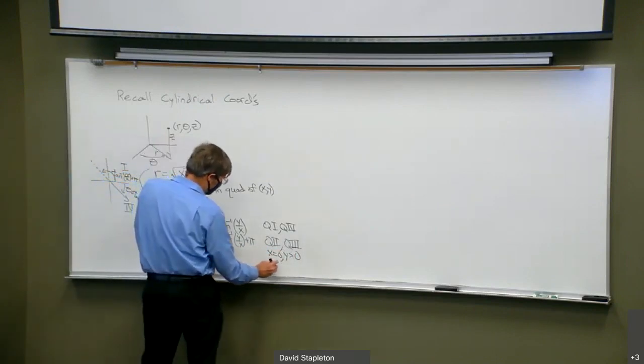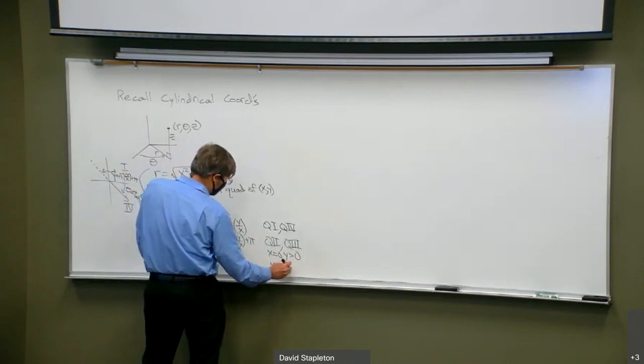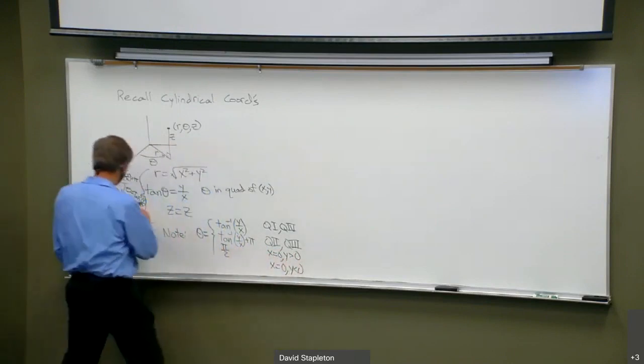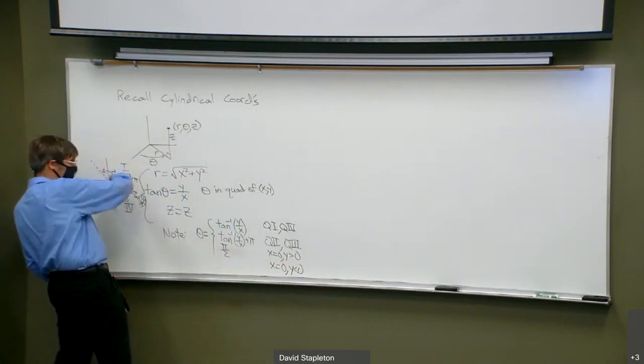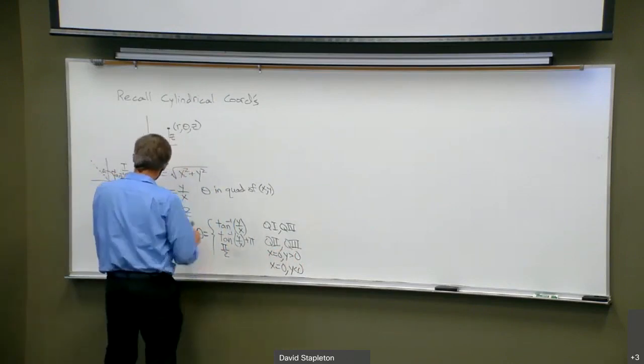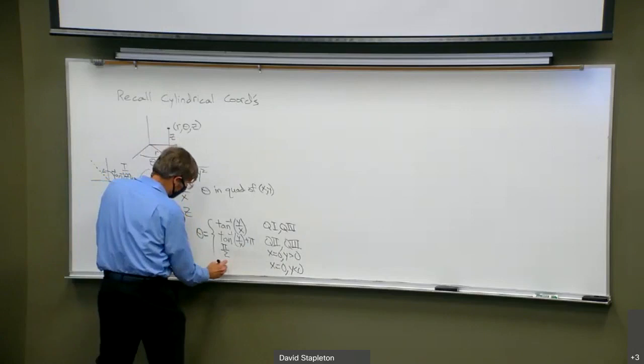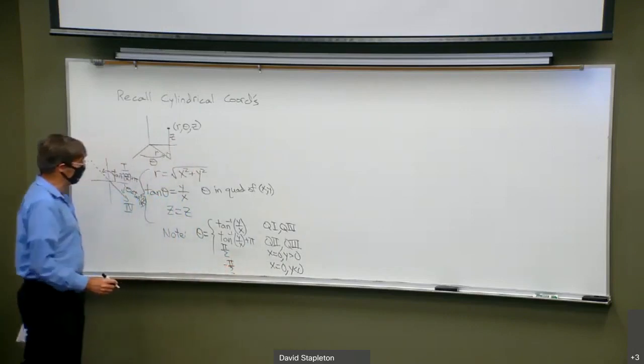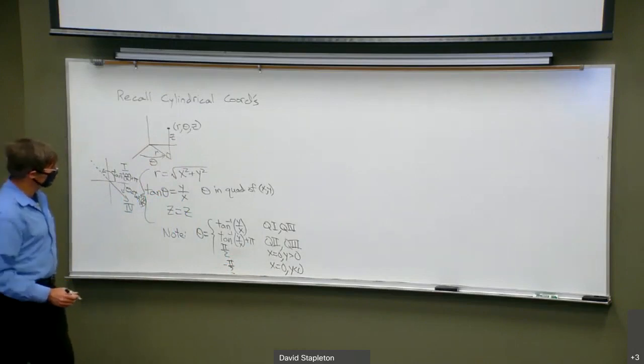If x is 0 and y is negative, you're down the negative y-axis and you're looking at 3 pi over 2. Or you can call it minus pi over 2, whichever way you want. And so it's complicated. We put these in parentheses.